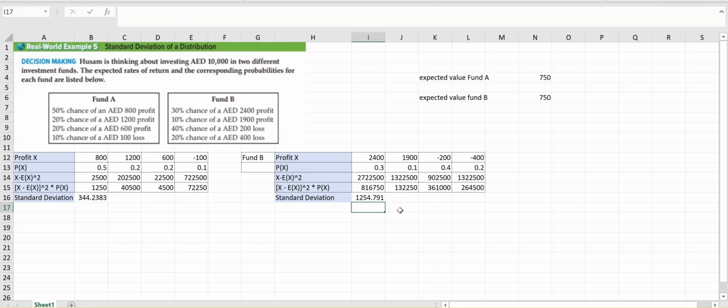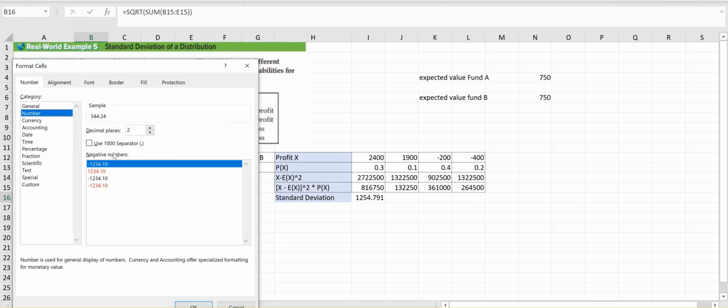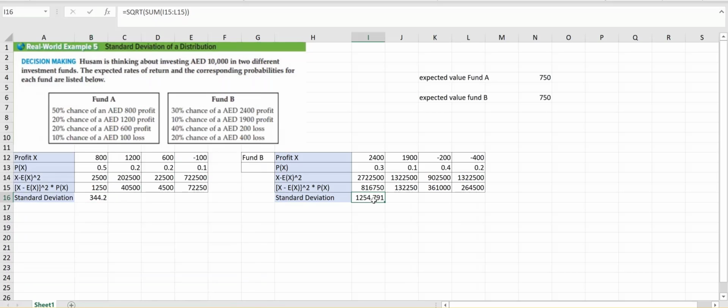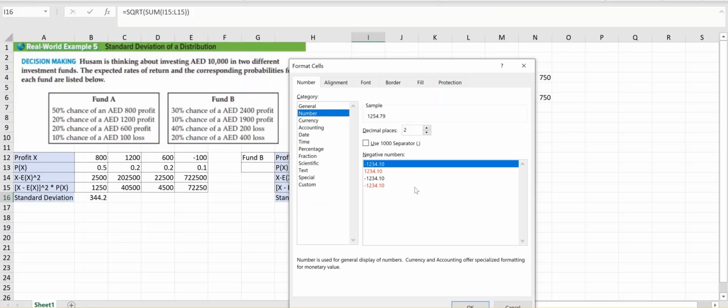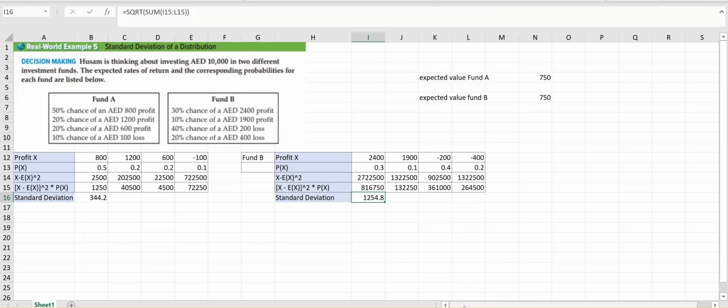Our standard deviation is 1.24, and I can round these answers. So format cells, number, one place, and I'll do the same for this one. We should have 1254.8 and 344.2. So this is the standard deviation.